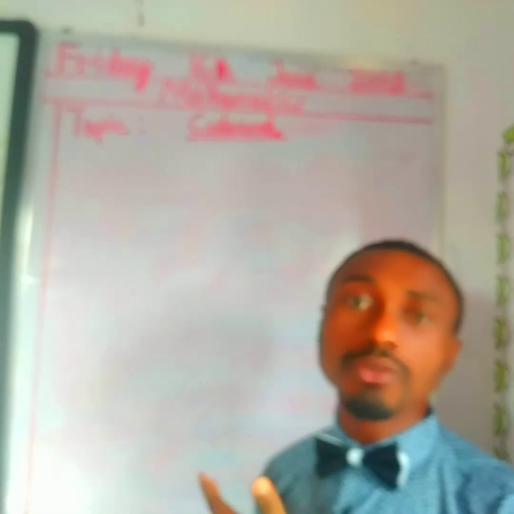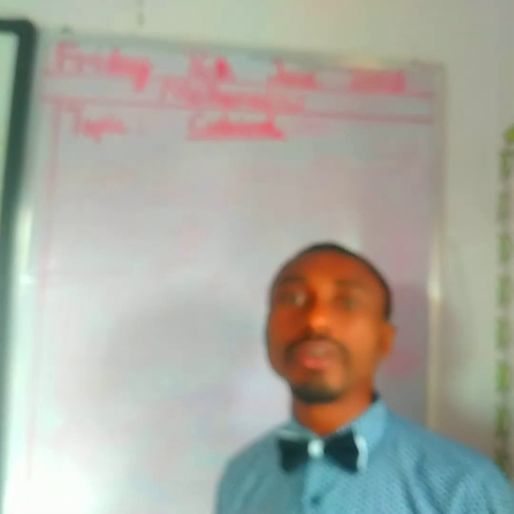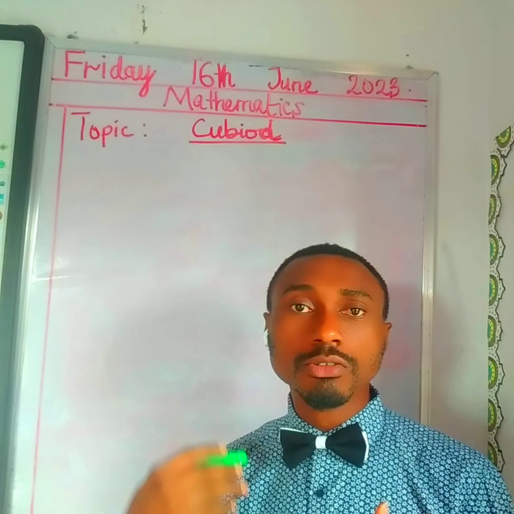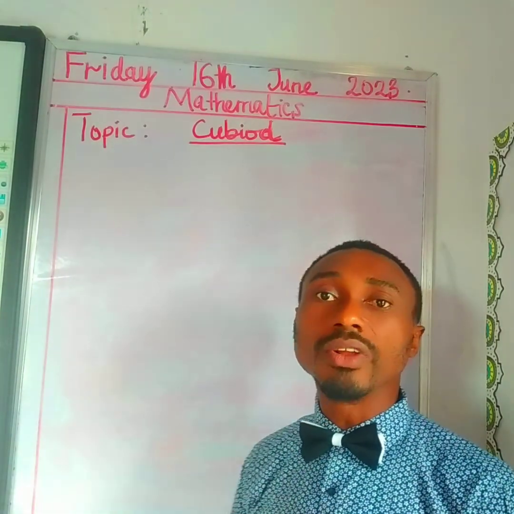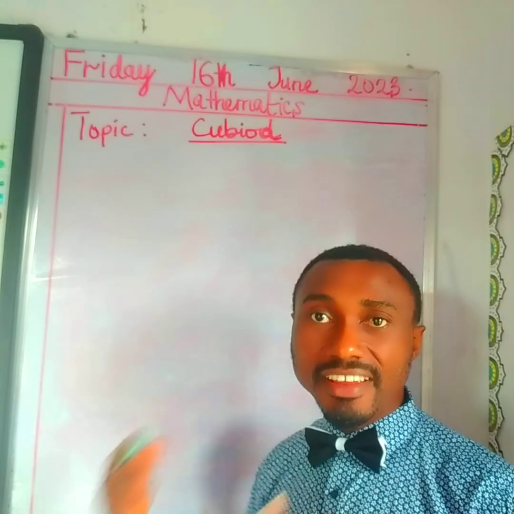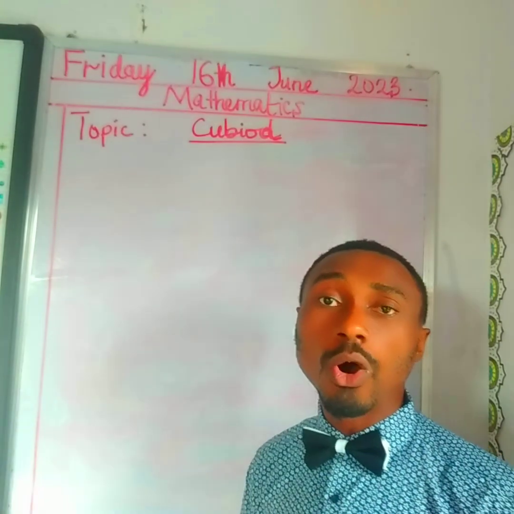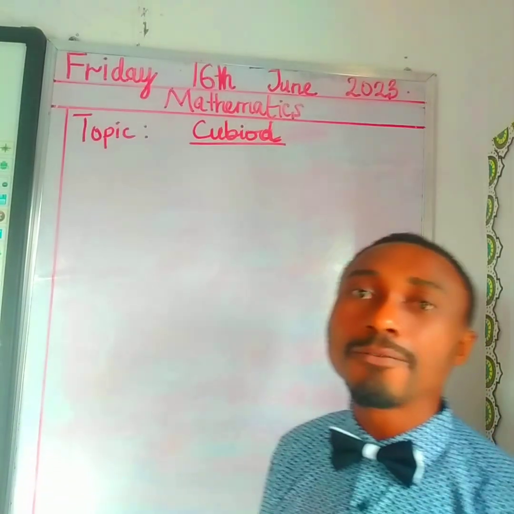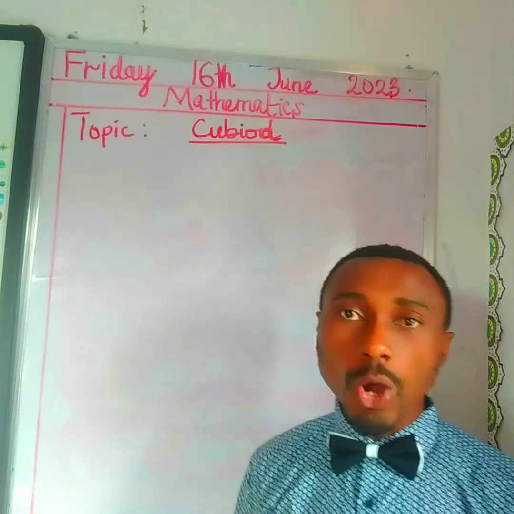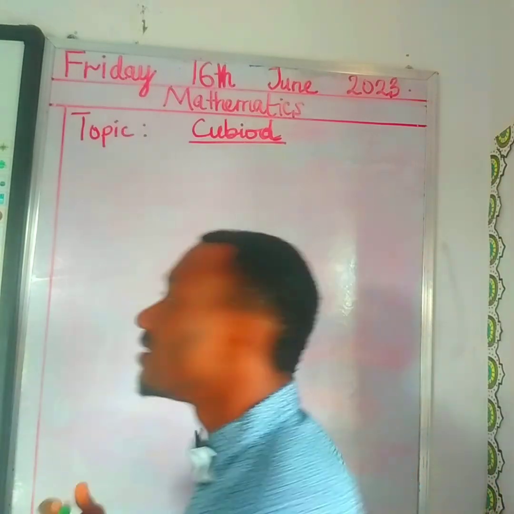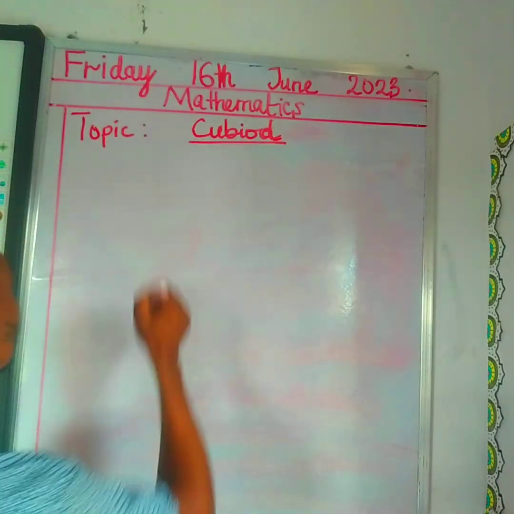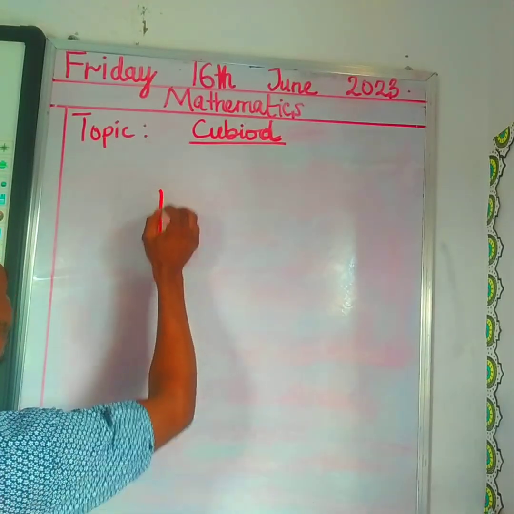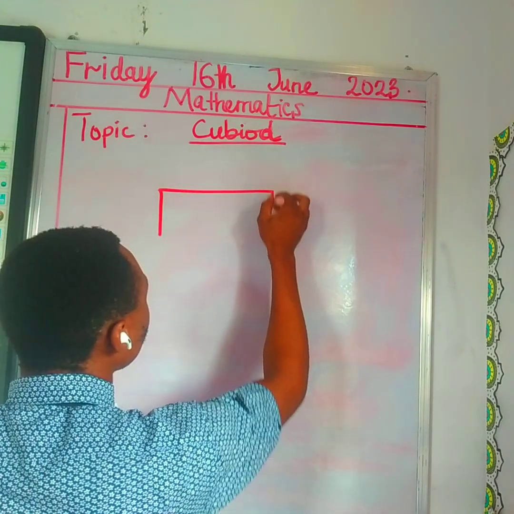Looking at the cube we are looking at today, I'm going to be giving you the formulas on how to get the area and the volume of this cube. We have a question before us, and it says find the volume of the cube. You know what your cube looks like. It looks just exactly like a rectangle.